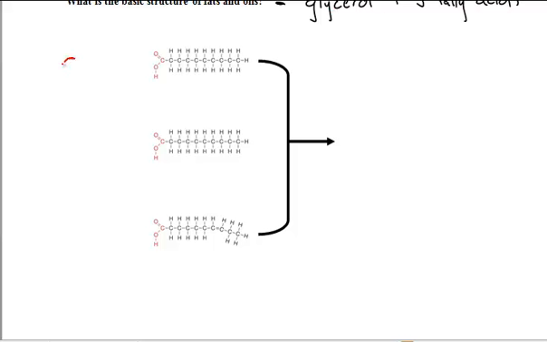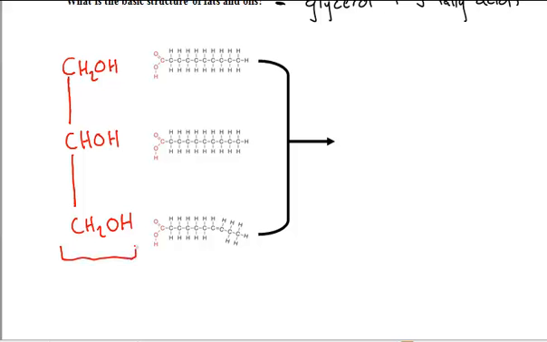It starts out with a CH2OH, which is attached. I'm going to draw a nice long line so we can line it up with the next part. CHOH, which is then attached to another CH2OH. That is a glycerol backbone.